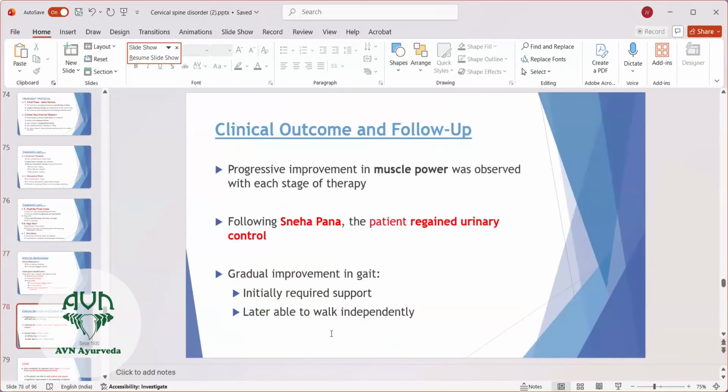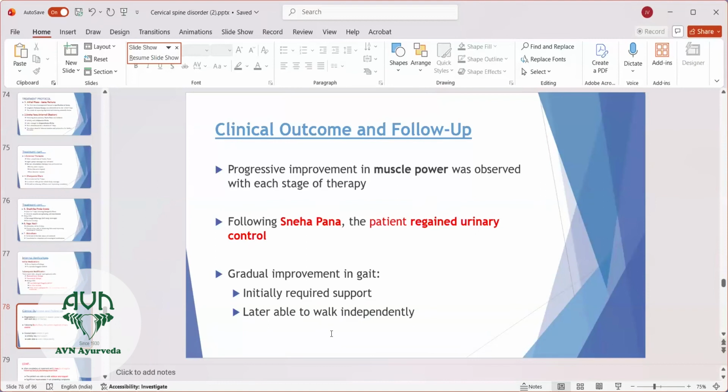For the clinical outcome and follow-up, I observed progressive improvement in muscle power with each stage of therapy. Also, after Snehapana, the patient regained urinary control. That is a very good result. And there was a gradual improvement in gait.